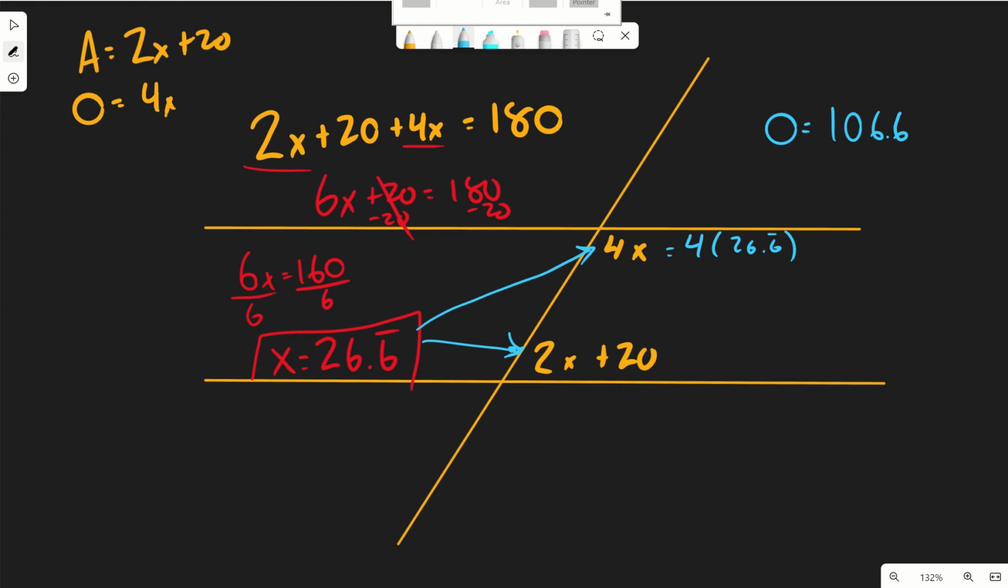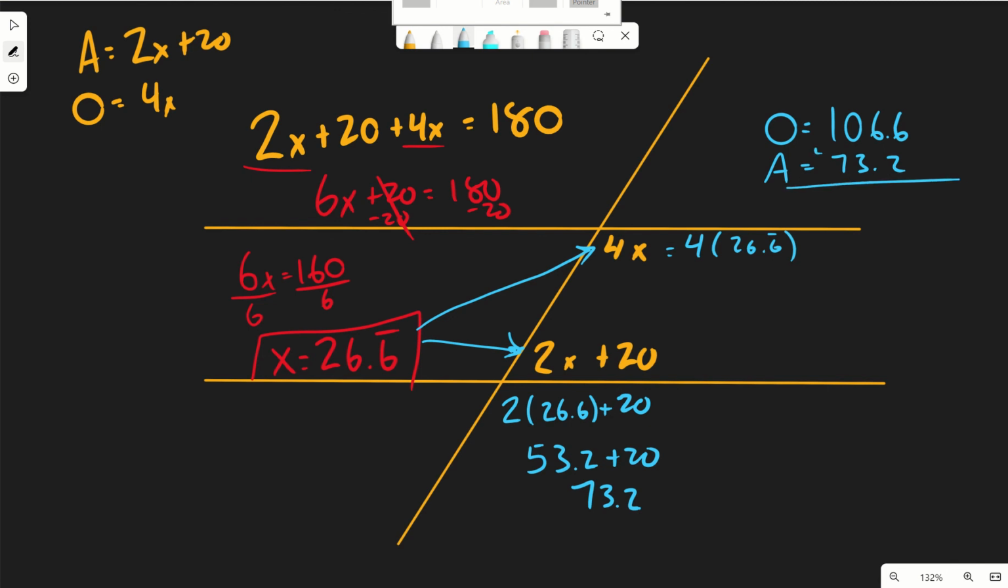And if I plug this into my acute angle, I get 2 times 26.6 plus 20. 2 times 26.6 is 53.2. Plus 20 is 73.2. So that gives me my acute angle of 73.2. And if I add these together, I check my answer. This gives me a grand total of 179.8, which is really close to 180, and that's just a rounding error.